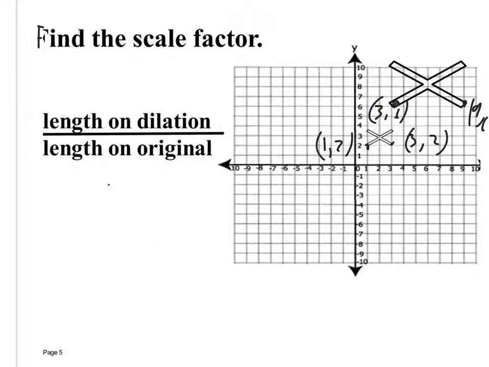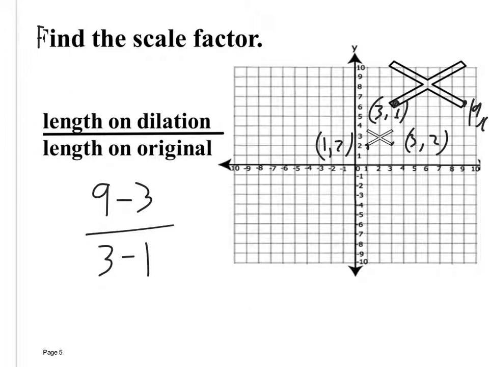So I take 9 minus 3. All you do is subtract the x-coordinates. Then for the original, what are the x-coordinates on the small one? 1 and 3, or 3 and 1. So I do 3 minus 1.